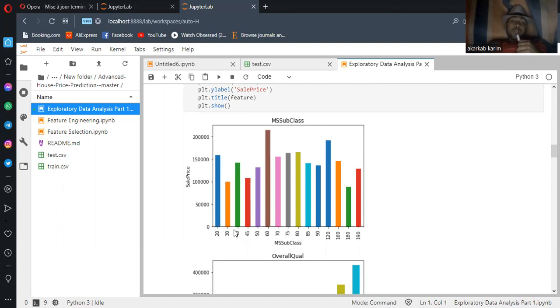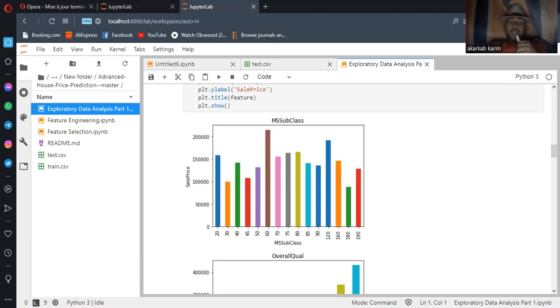The blue one here has 20 values, the orange one 13, 14 for the green one, the red one 45, the purple one 50, and the gray one. Each color here is represented by a number. That means it shows us how much of these subclasses is most frequent in relationship with the sales price.